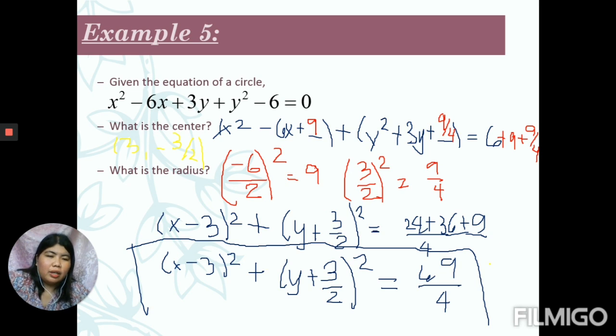And the square root of 69 over 4. Wala tayong square root of 69, hindi siya perfect square, so leave nyo na lang siya ng square root of 69. Okay lang yun, para hindi na tayo mahirapan. Square root of 4 is 2, so yun yung radius niya: square root of 69 over 2. And the center is 3, negative 3 over 2.